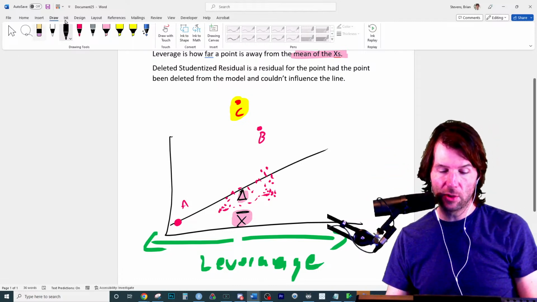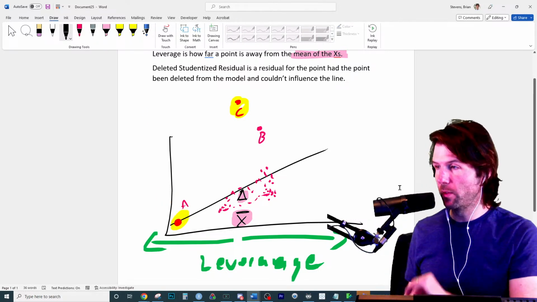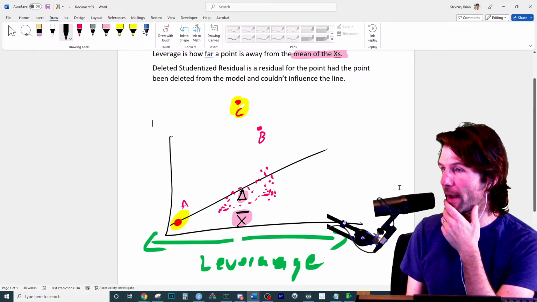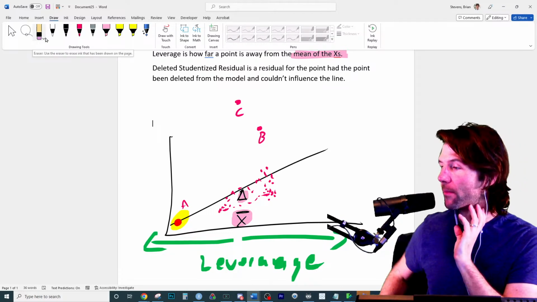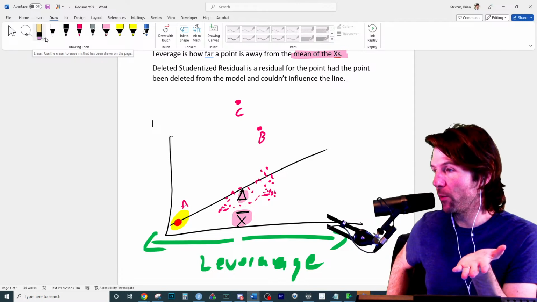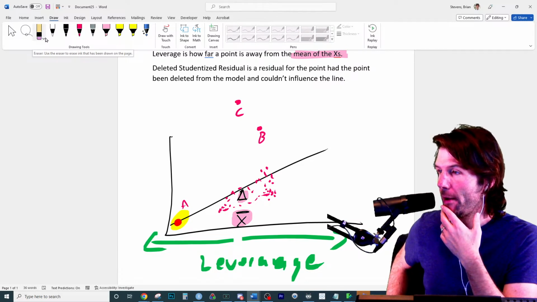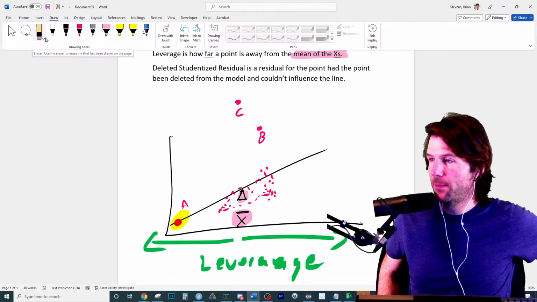Point A has no influence because y? You can be very specific, like what actually makes influence.